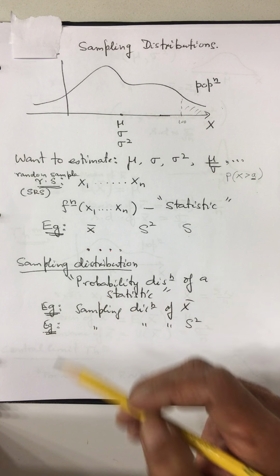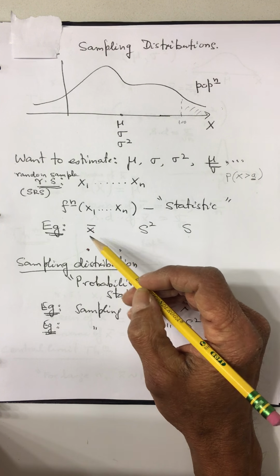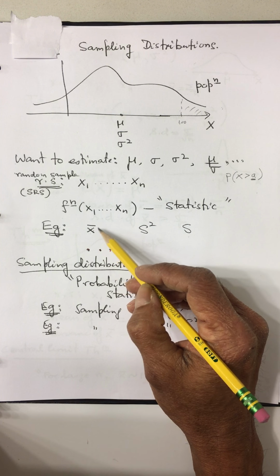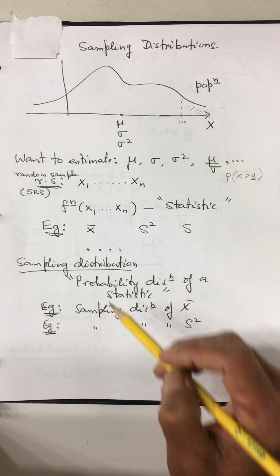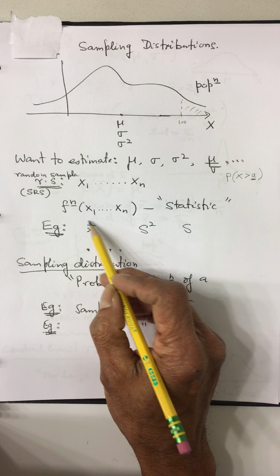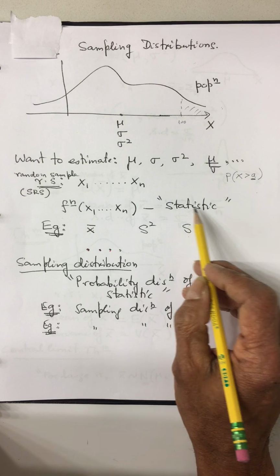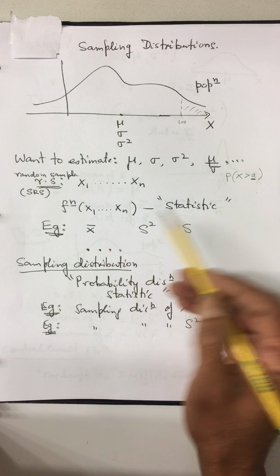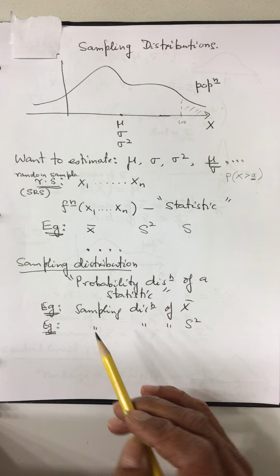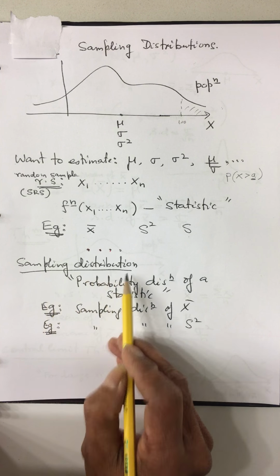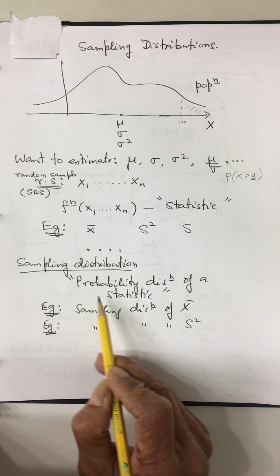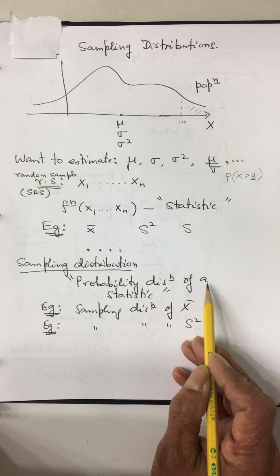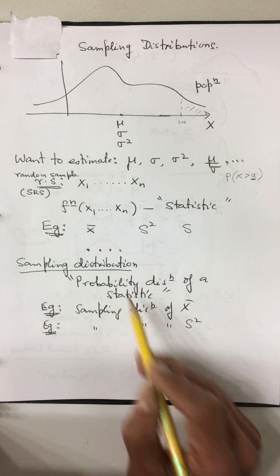What we are going to look at in this chapter is the probability distribution of that random variable. The probability distribution of that statistic, whatever statistic you are looking at, is known as a sampling distribution. So the sampling distribution is the probability distribution of a statistic. It depends on what you are looking at.